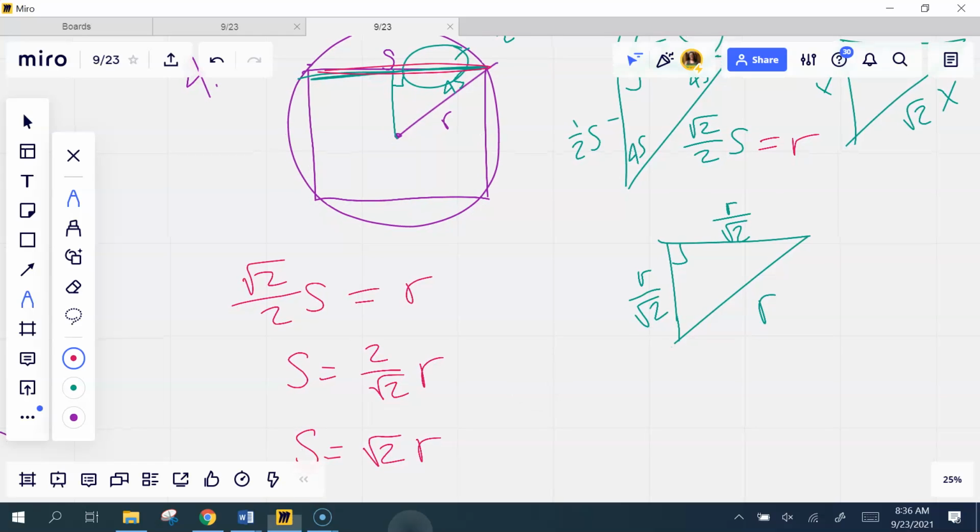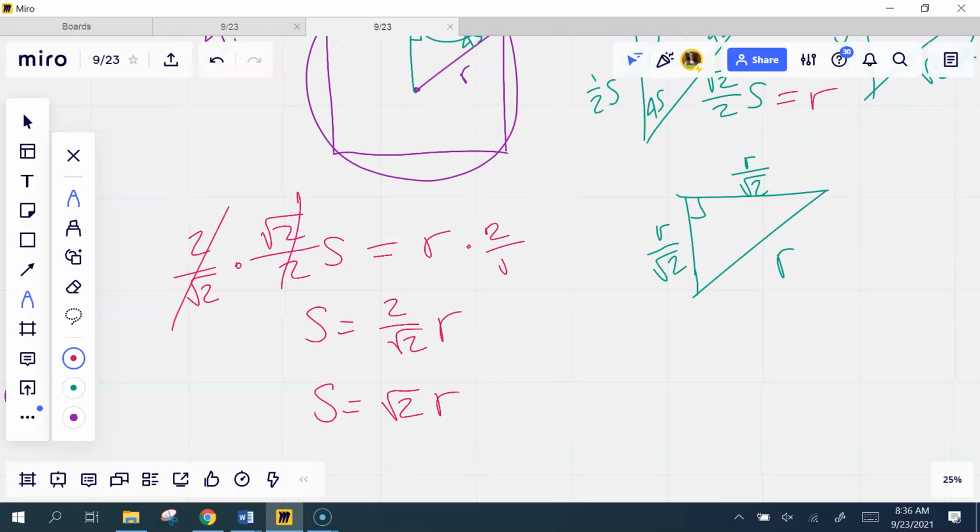Excuse me. I multiplied by the reciprocal. Where did 2 go? Wait, how did I get from here to here?